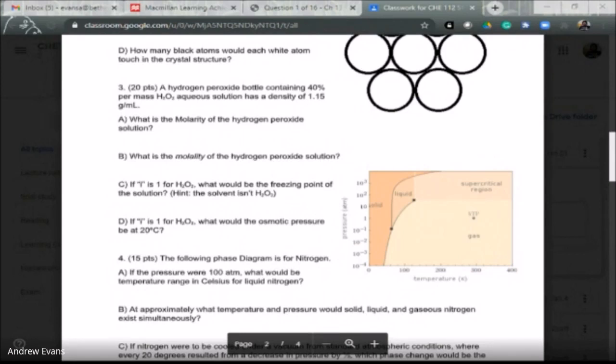You'd have to estimate. I think there's 5 dashes per every 100. 5 dashes means 20 degrees per dash. So you'd eyeball it. I can't really zoom in. You could zoom in. I'm not going to bother, but you would eyeball it from here to here, turn that into Celsius. That'd be your answer.